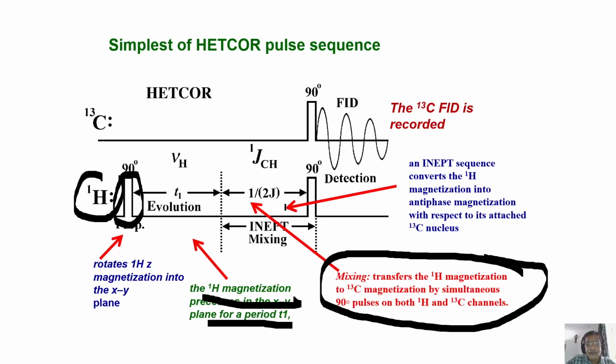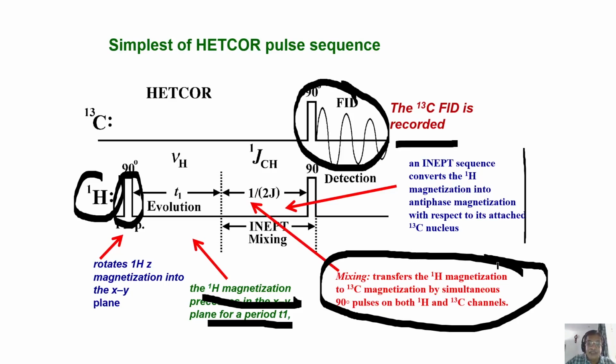Polarization transfer takes place. Now you are applying a 90-degree pulse for detection, and at the same time you are applying a 90-degree pulse for carbon, and you start seeing the carbon with proton decoupling. This is a direct detection of carbon, remember. Unlike the HSQC inverse experiment where the abundant spin is detected, this is a direct detection of the low abundant spin.